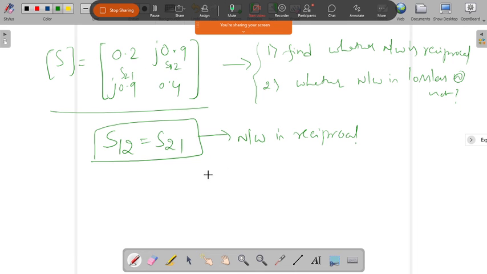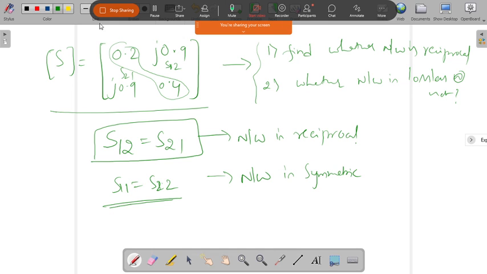Now see whether the network is symmetric. What is the condition for symmetry? We must have S11 equal to S22. If this condition is met, then we can say the given network is symmetric. From our S matrix, the network is not symmetric.